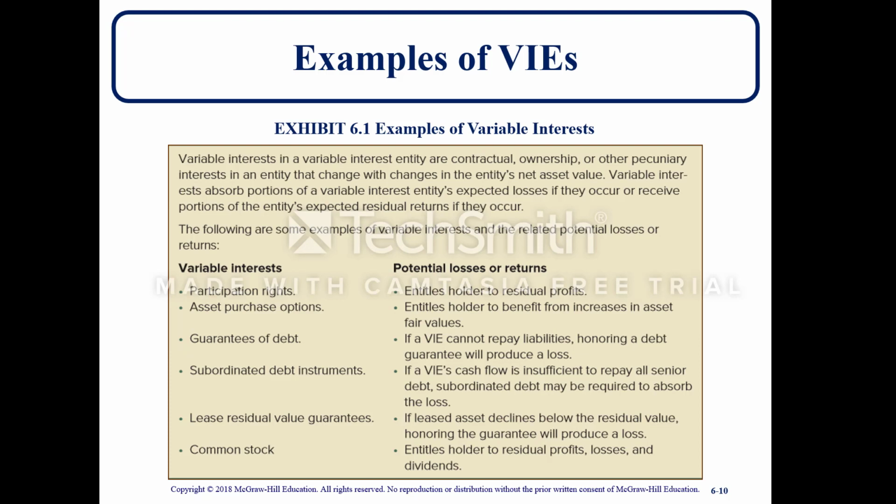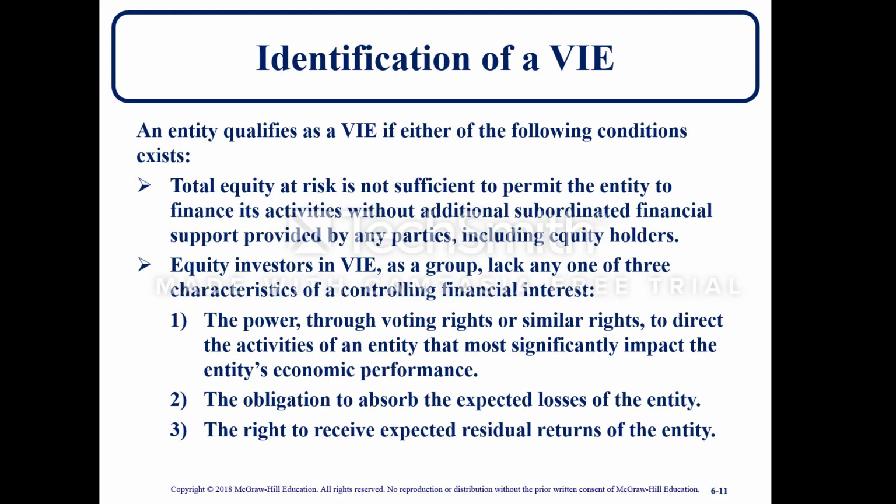So, identification of a VIE. An entity qualifies as a VIE if either of the following conditions exist. First, total equity at risk is not sufficient to permit the entity to finance its activities without additional subordinate financial support provided by parties, including equity holders.